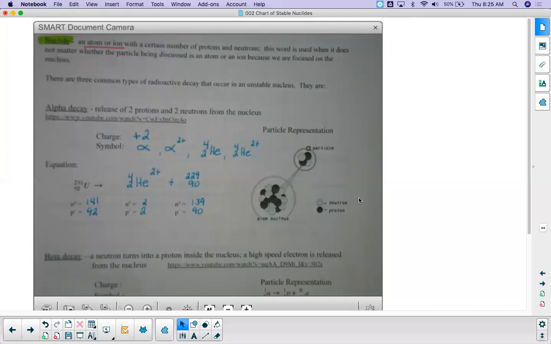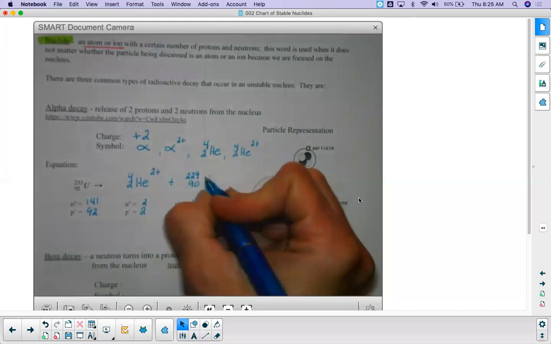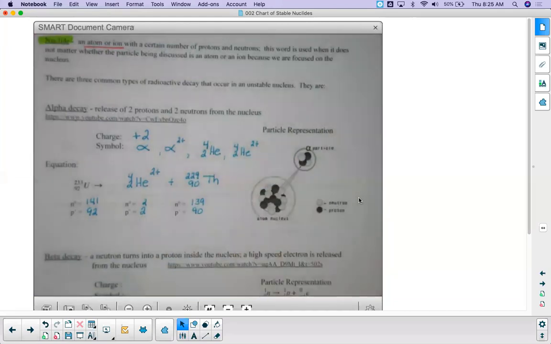We are left with thorium. So in that case, this is our first daughter of uranium. So uranium's daughter ends up being thorium after one step of radioactive decay.